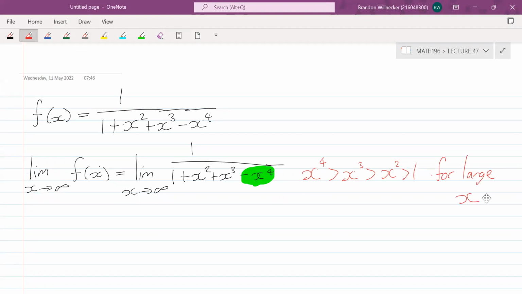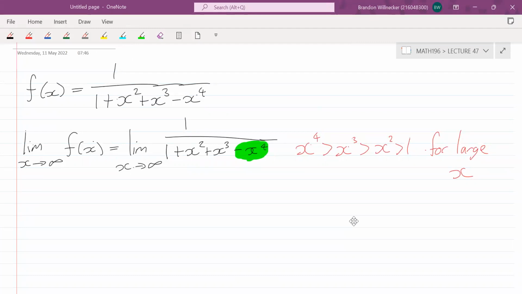Okay, so that's not true for small x, but it is true for large x. So this minus x to the 4 becomes the dominant term. In other words, this function for large enough x looks something like minus 1 over x to the 4. Okay, for large enough x, we can ignore those smaller terms there.